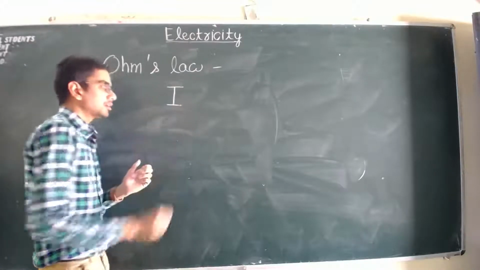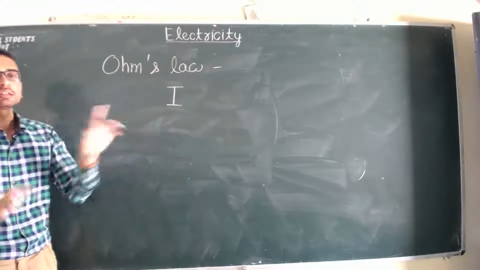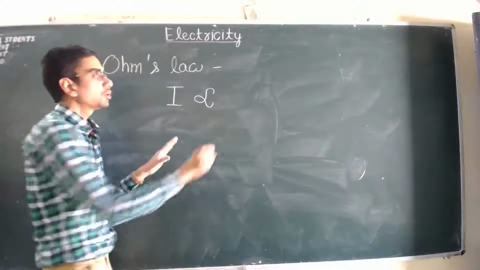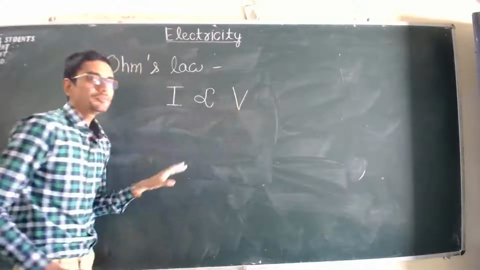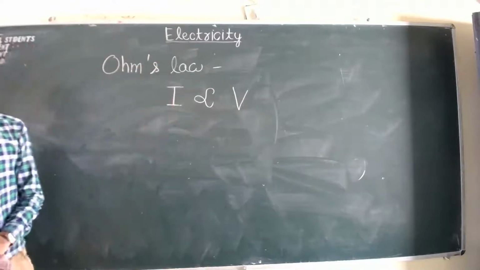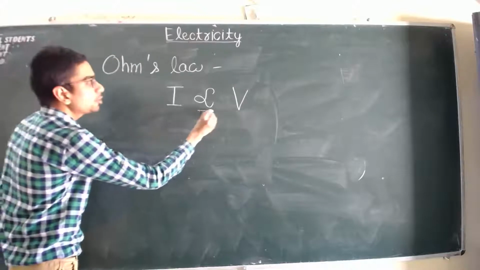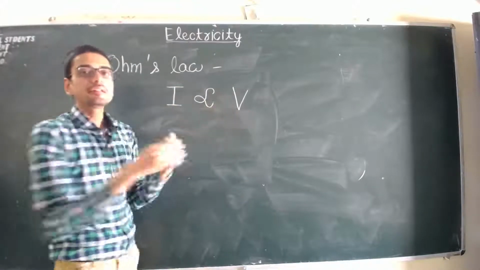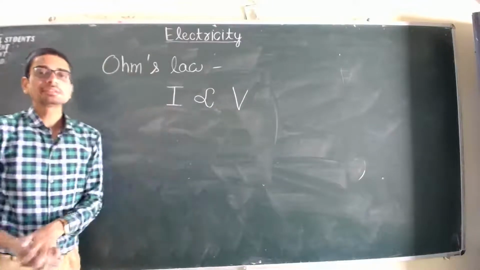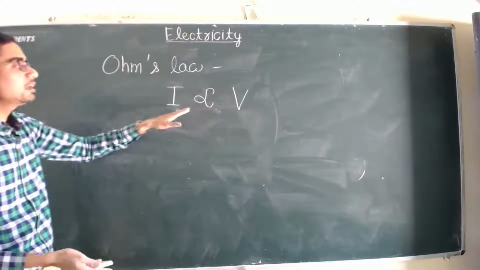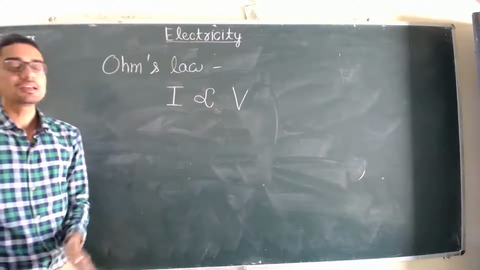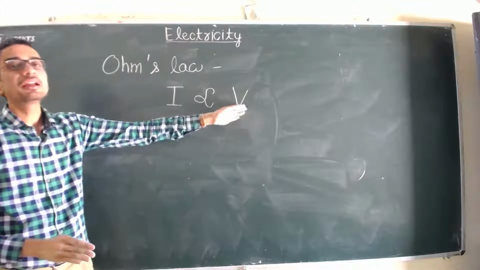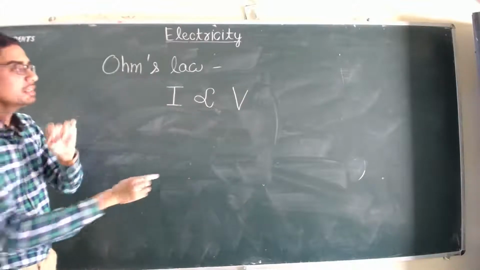Current is I. Current को हम I से denote करते हैं, you know very well. I is directly proportional to V. What is V? V is potential difference. इसका मतलब होता है अगर one thing on left hand side increases, other thing also increases. जो इफेक्ट V पर होगा वही I पर होगा. तो इसका मतलब सिंपली इतना सा है कि पोटेंशियल डिफरेंस बढ़ेगा तो I भी बढ़ेगा. पोटेंशियल डिफरेंस घटेगा तो I भी घटेगा in the same manner.